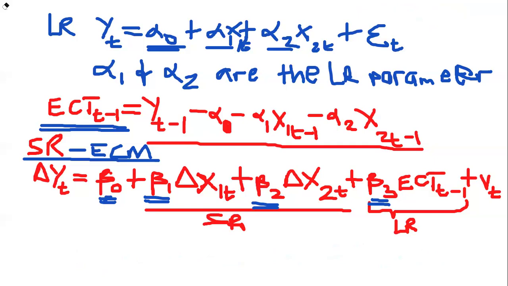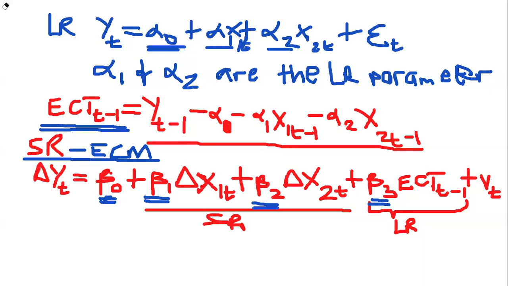when using co-integration and error correction modeling, the first step is to estimate the long-run equation. That is, before the long-run equation, you test your variables for unit roots, and you must establish that all of them are integrated of order 1. So that's the first step.